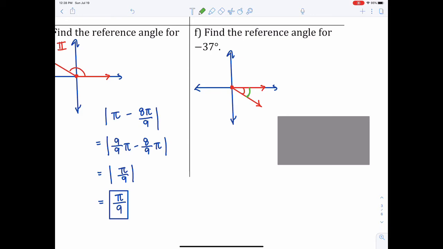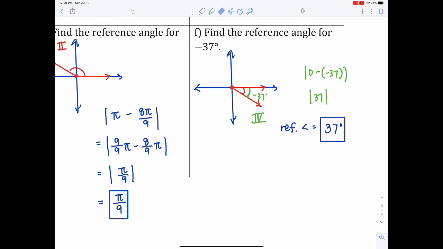So if we know that this angle is negative 37 degrees and our reference angle is positive, technically we could subtract from 0, which would mean we have 0 minus negative 37, or we just take the absolute value of 37 degrees. Therefore, our reference angle is 37 degrees.